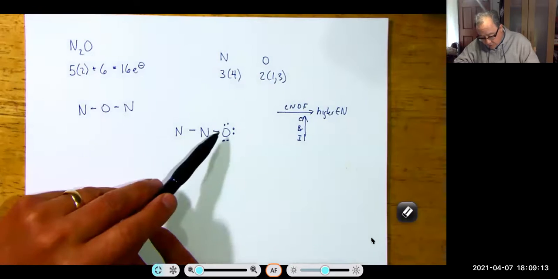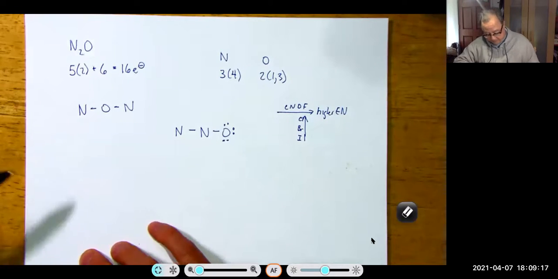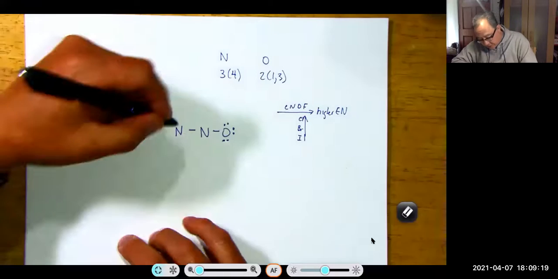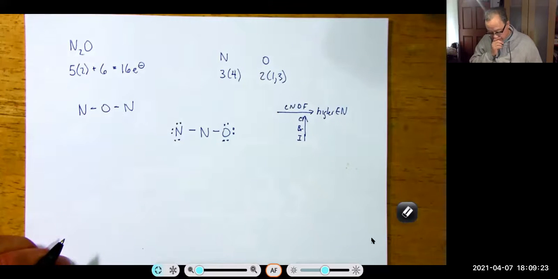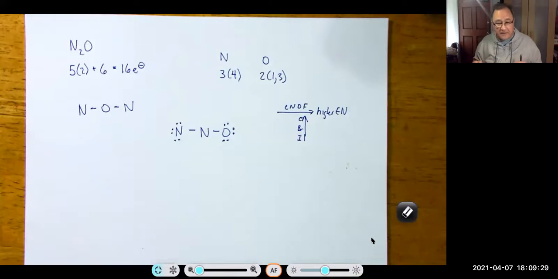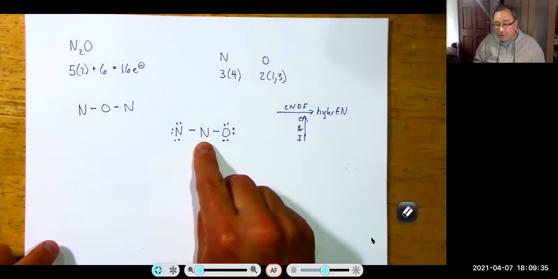So we have 2, 4, 6, 8 around oxygen, and we're done with that oxygen. Then we move to this nitrogen. We're going to do the same thing, 2, 4, 6, 8. And now, if we have any remaining electrons, we're going to put all of them on this nitrogen in the middle. But we don't have any, so we can't put any there.